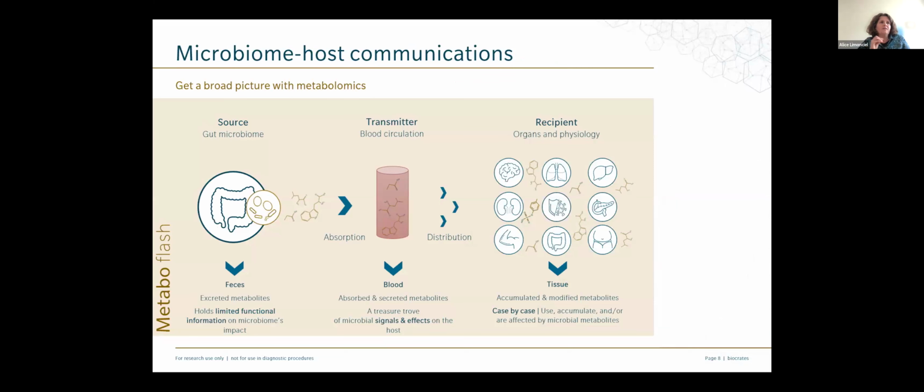I have here, so from the feces, which, if you study gut microbiome, is the primary matrix that you would think about, although especially if you study gut microbiome, you may be at this stage more interested in collecting directly the inside of the intestine with different devices.